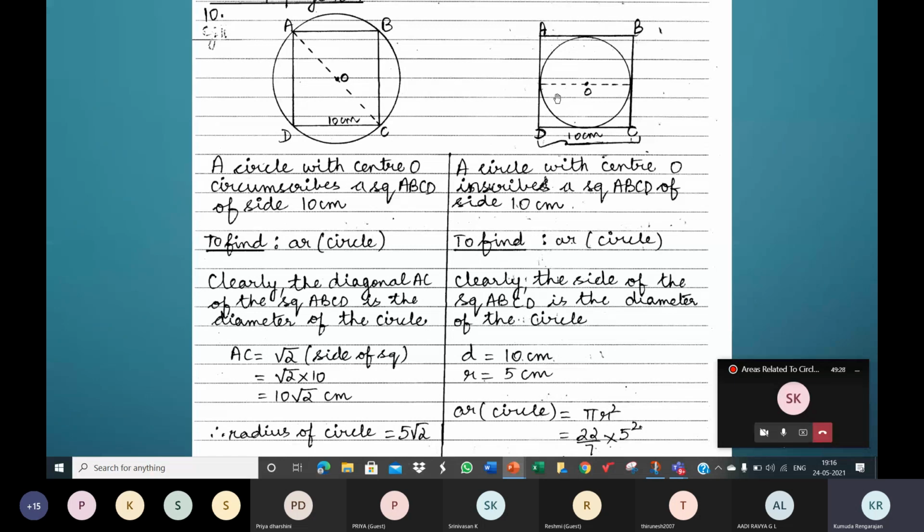Just use the words circumscribed, inscribed. You can explain this figure using both the terms, circumscribed and inscribed. Practice saying that. I'll repeat it a little later.